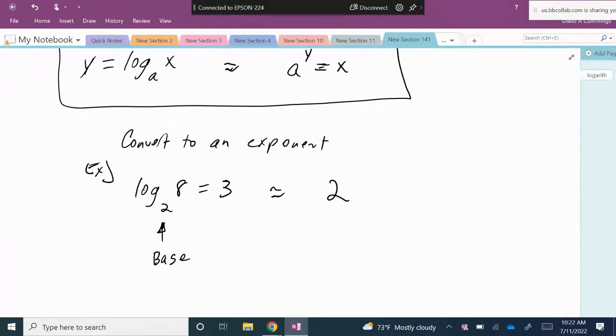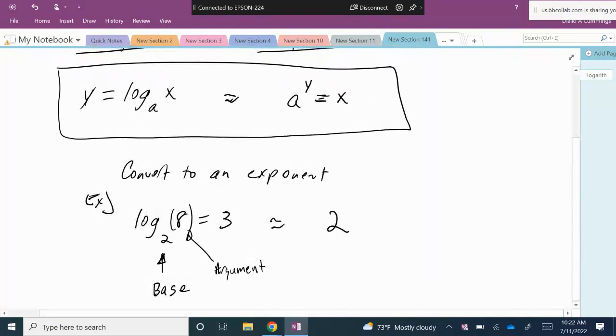We talked about in the setup for a logarithm that you have a base, and this 8, I'm going to temporarily put in a set of parentheses. This is called your argument. If you ever hear me say, what's the argument of the logarithm? In this particular case, 8 served as the argument.